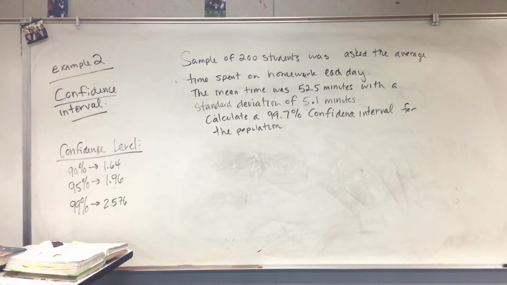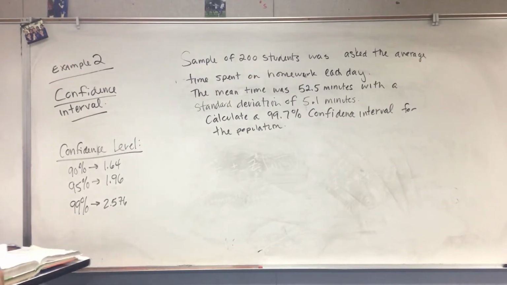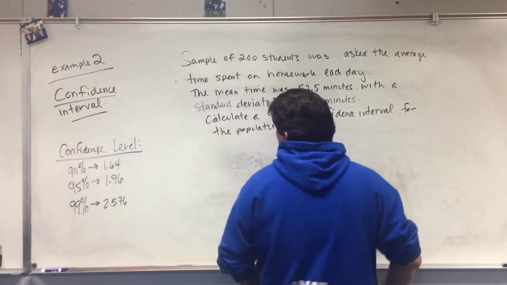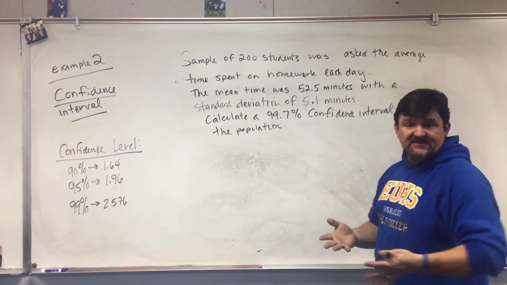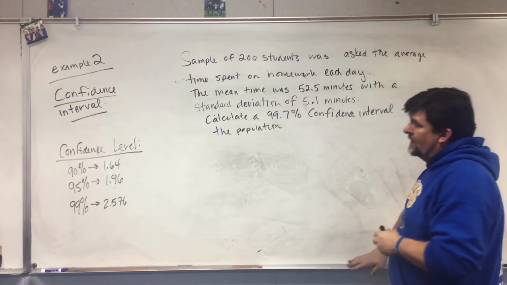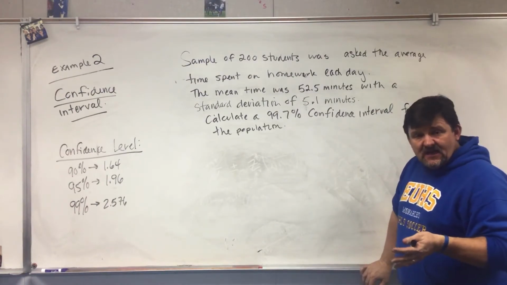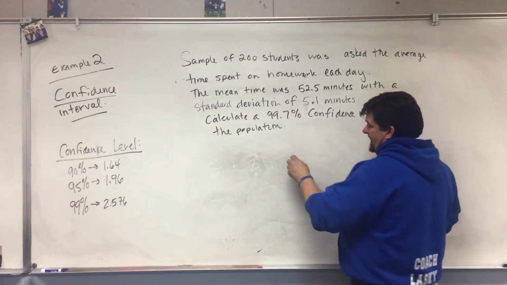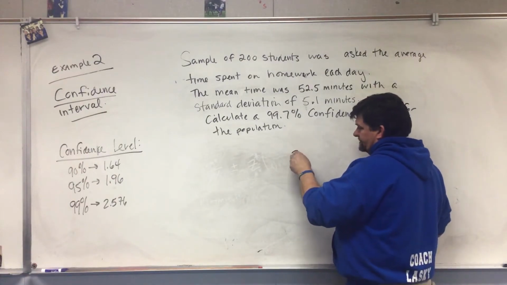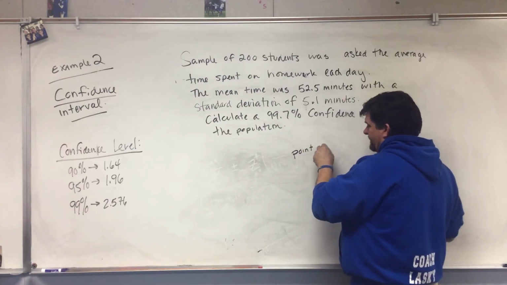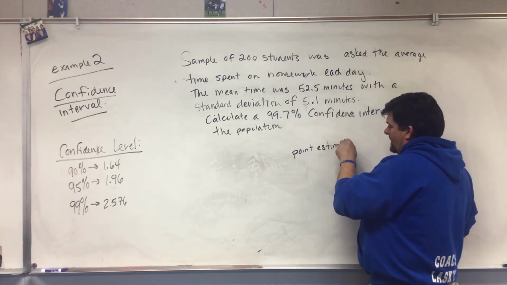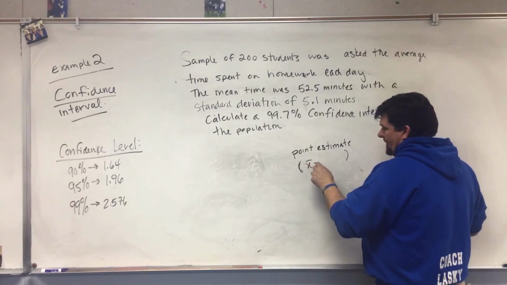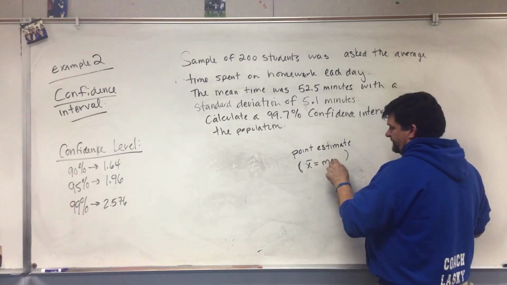So we have our maximum error, which is the amount of error on either side of our estimate. That's what we talked about the last one. So I've introduced the idea of a confidence interval. A confidence interval has a point estimate, which is your X bar, your mean.